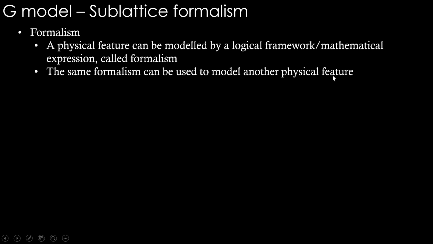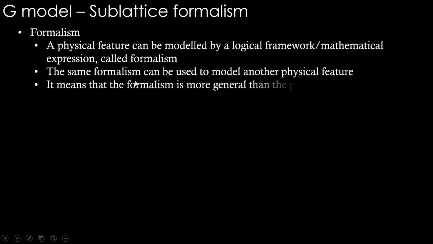In the previous slide we said this formalism can be used for stoichiometric phases, non-stoichiometric phases, and solutions as well. So if the same formalism can be used for multiple physical features, that is where it becomes more powerful than the physical feature itself. It means that a formalism is more general than the physical features.